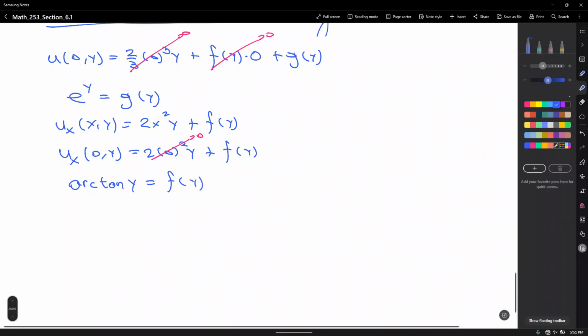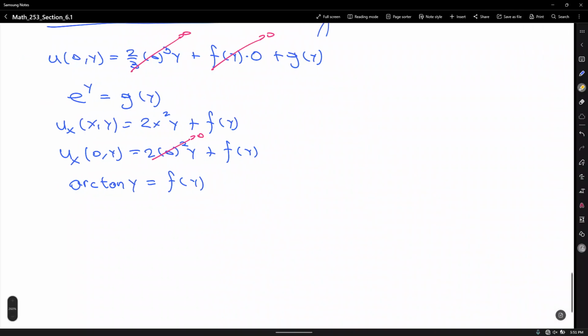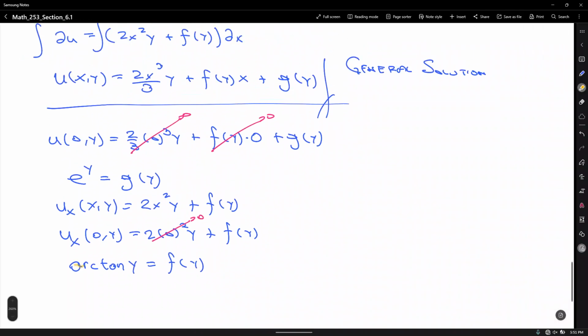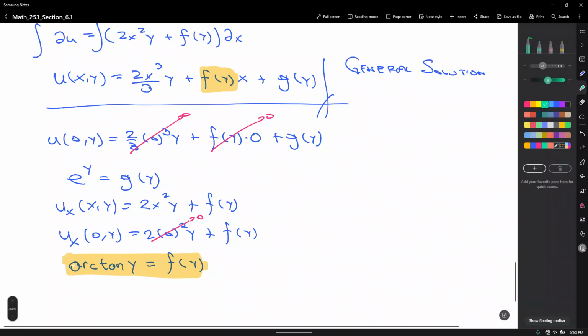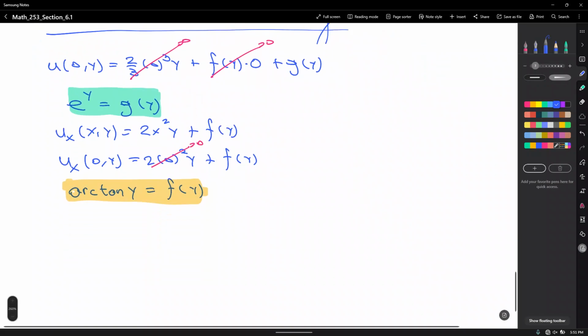All right, guys. Now we're ready to write the particular solution, because arctan y is our f of y, which is going to go here, and g of y equals e to the y. Just back substitute, and that's it.